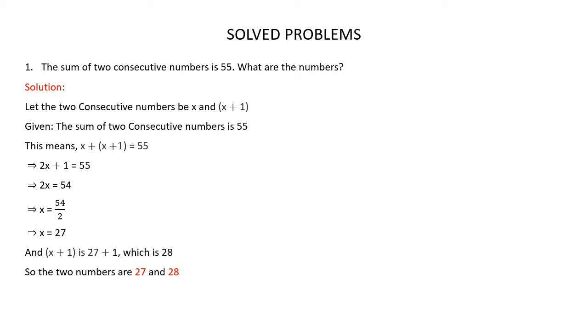Let's solve this. Let the two consecutive numbers be x and x plus 1. It's given that the sum of two consecutive numbers is 55. This means x plus x plus 1 is equal to 55. So x plus x is 2x, and 2x plus 1 equals 55.